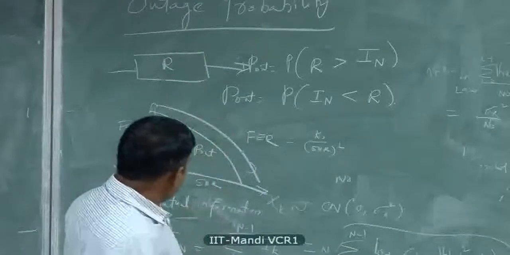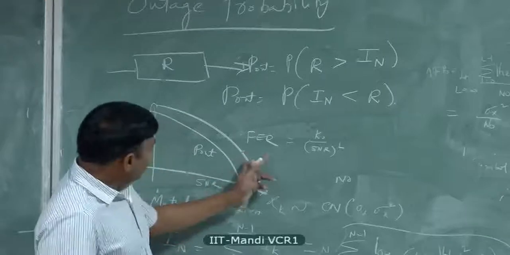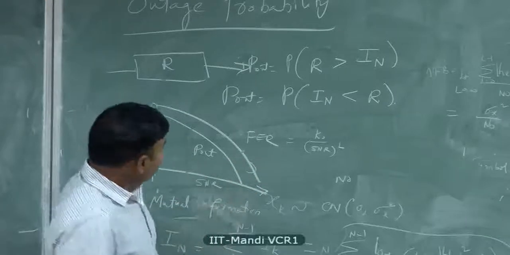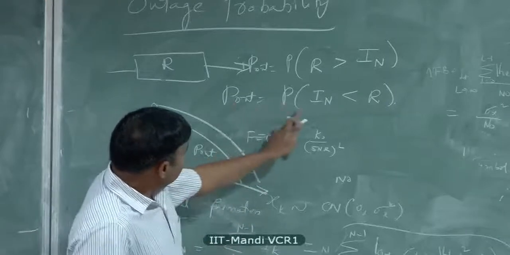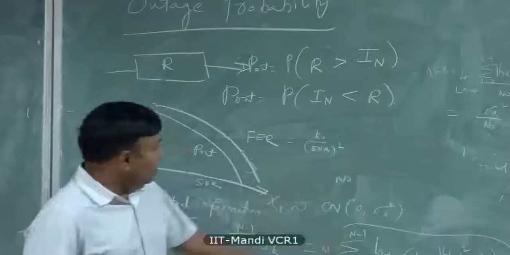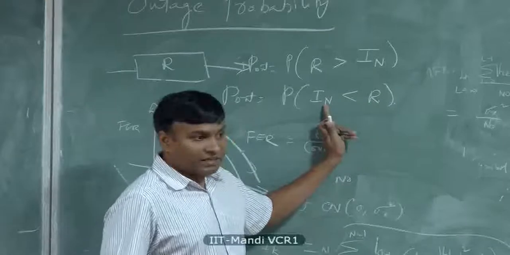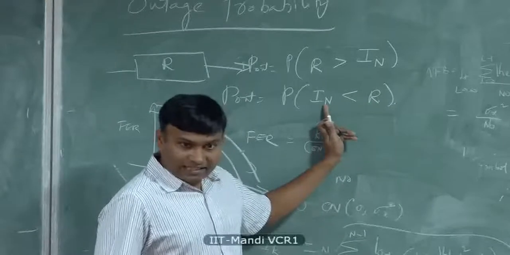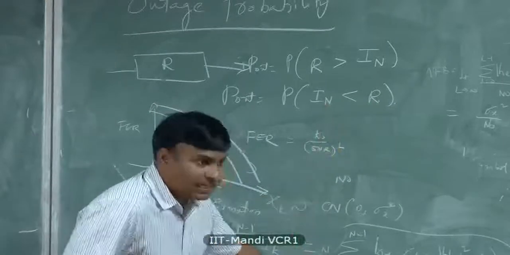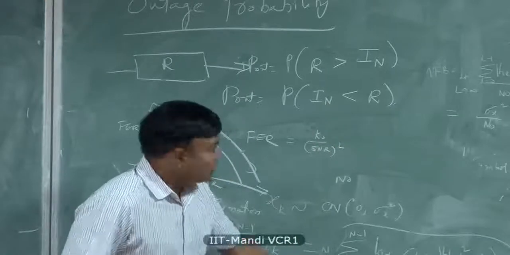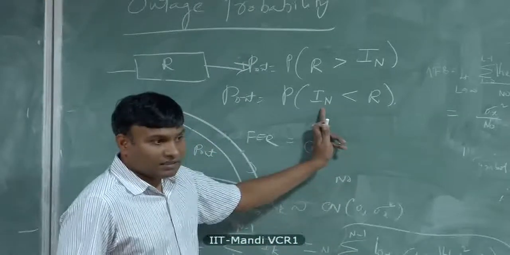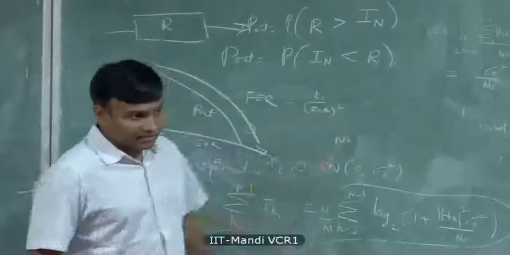Okay. For L equal to 1, 2, 3, 4, you can define what is called the probability of In less than R. So R is a fixed quantity, then this is the CDF of the random variable In. Is it right? If you take In as a random variable, this is the CDF of the random variable In.